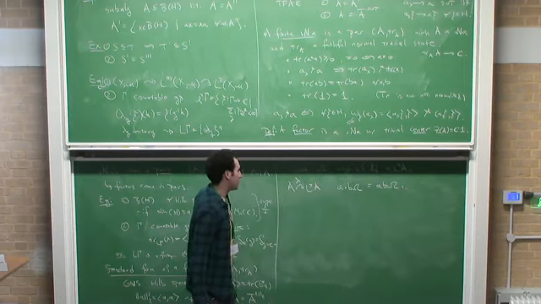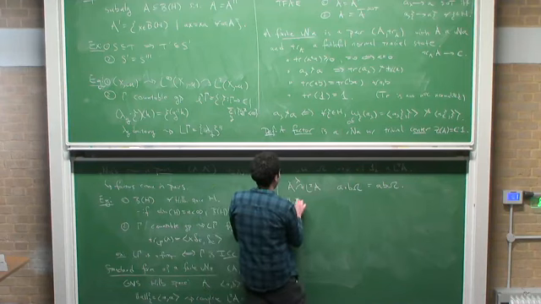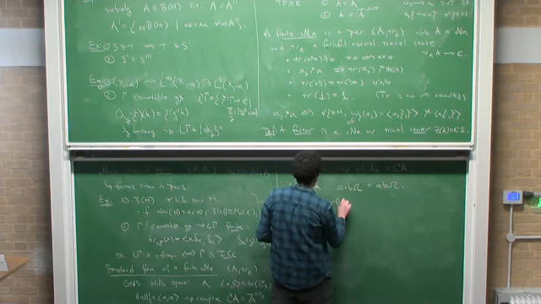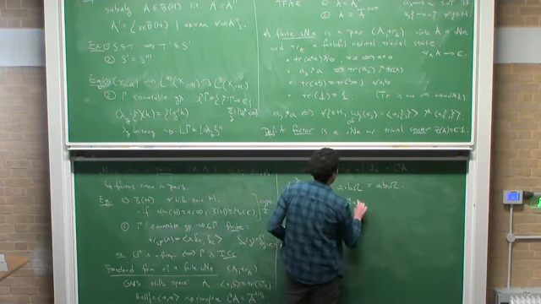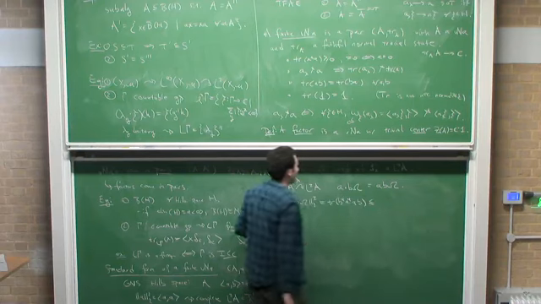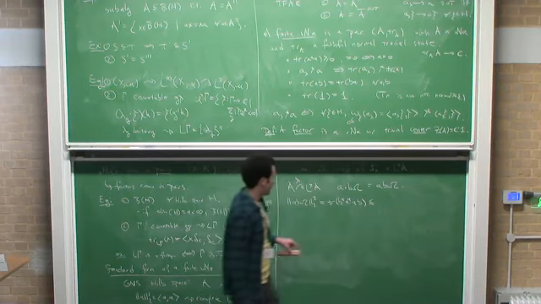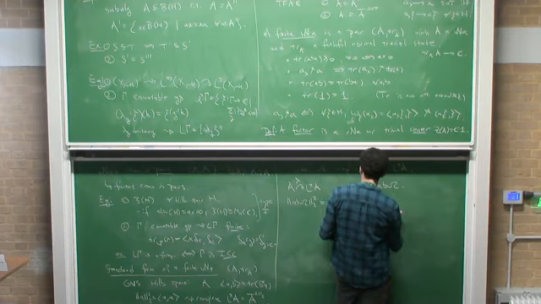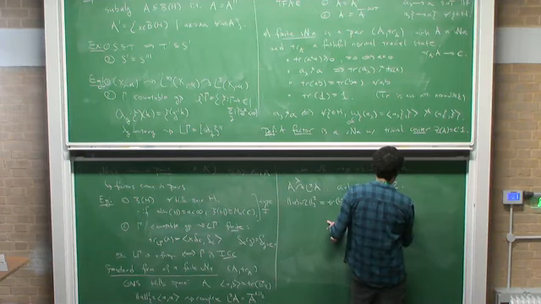Okay, so we have to see that this is bounded. Well, it's just the trace of b star a star a b. And now I use the positivity of the trace. This is less than or equal to the norm in the von Neumann algebra of a star a times the trace of b star b.